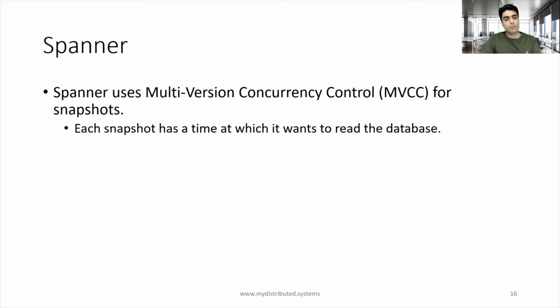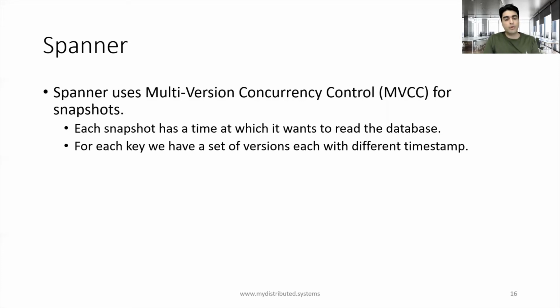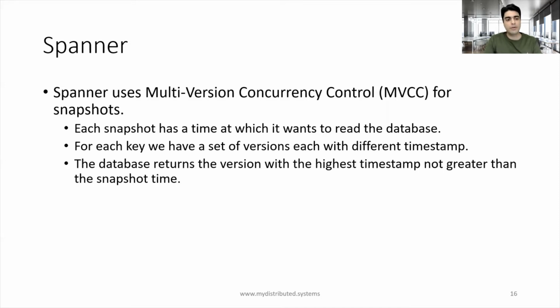Basically each snapshot has a timestamp at which it wants to read the database. And for each key, we have a set of versions, each with a different timestamp. The database returns the version with the highest timestamp not greater than the snapshot time. So let's see an example.